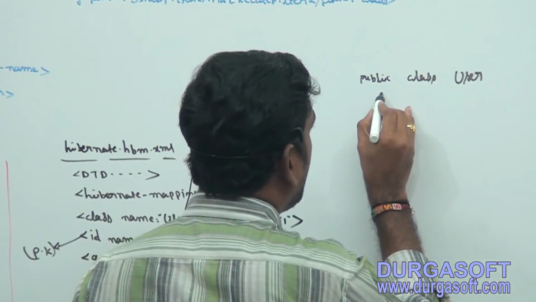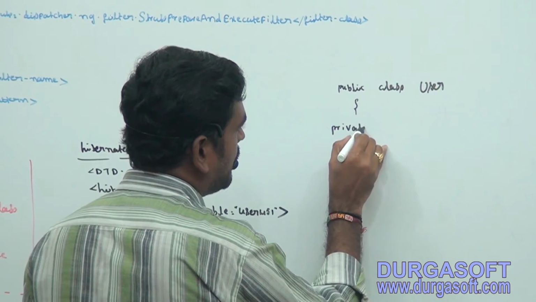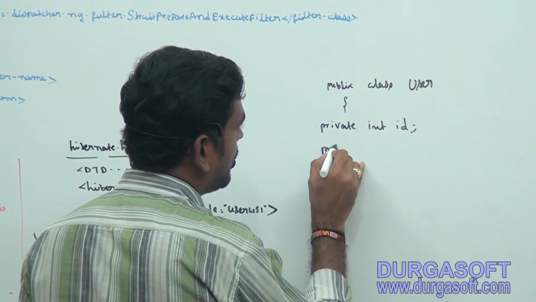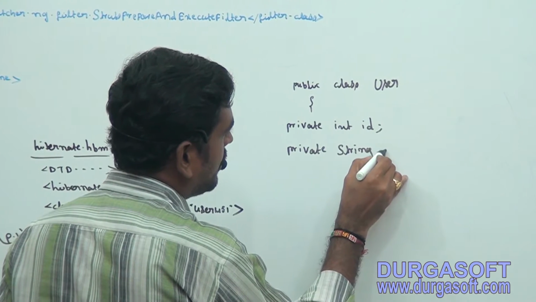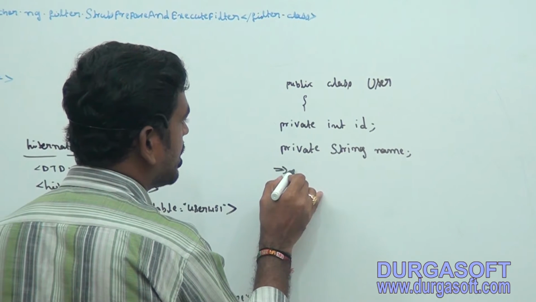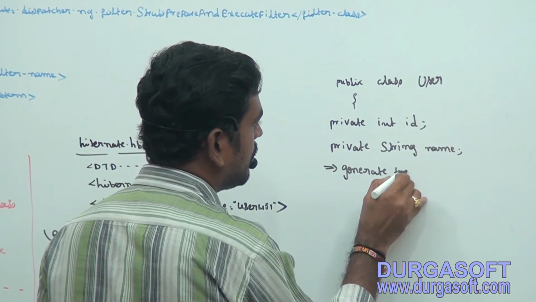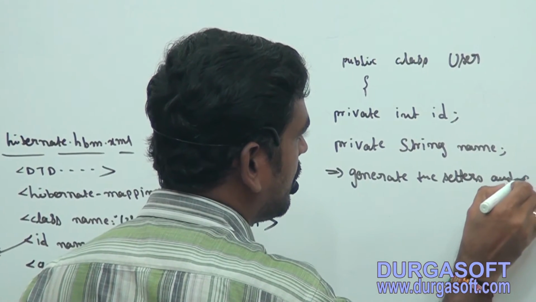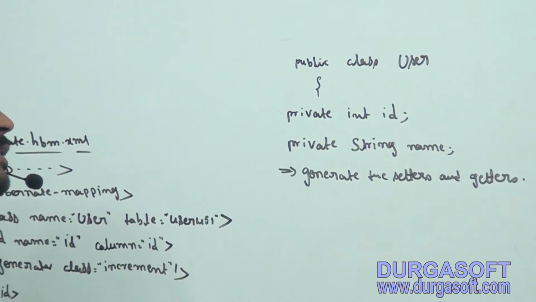Under that I have taken private int id. The next, private String name. Now generate the setters and getters.